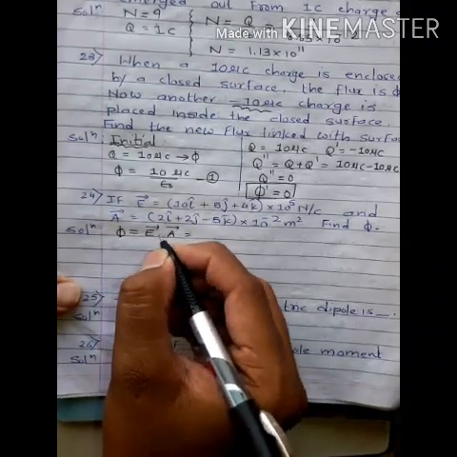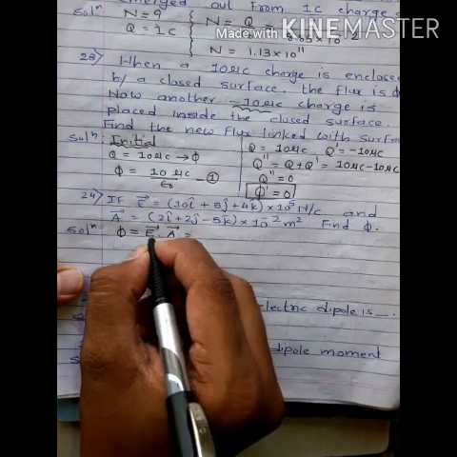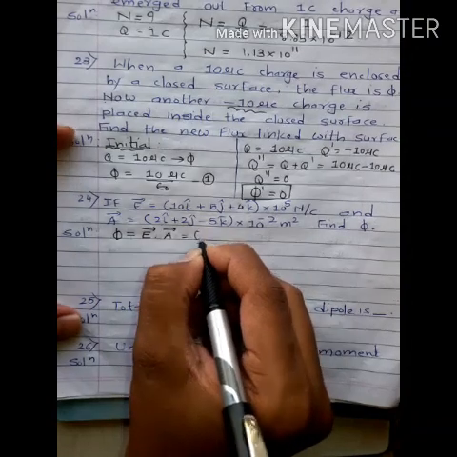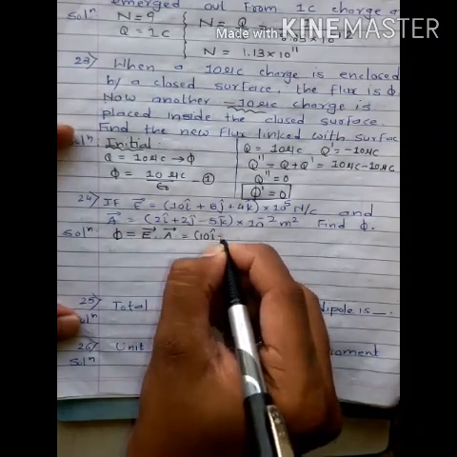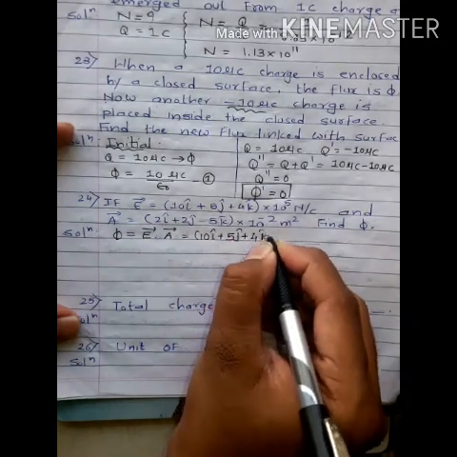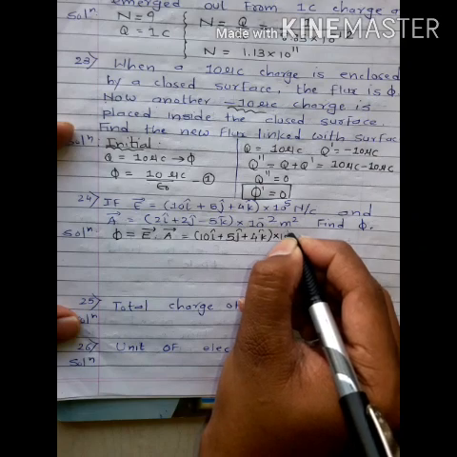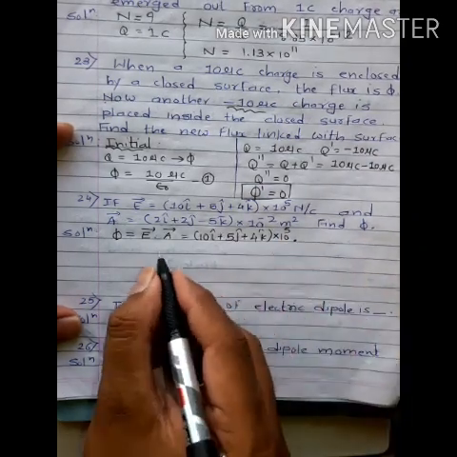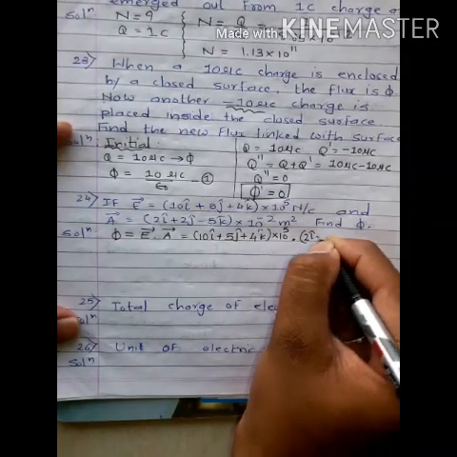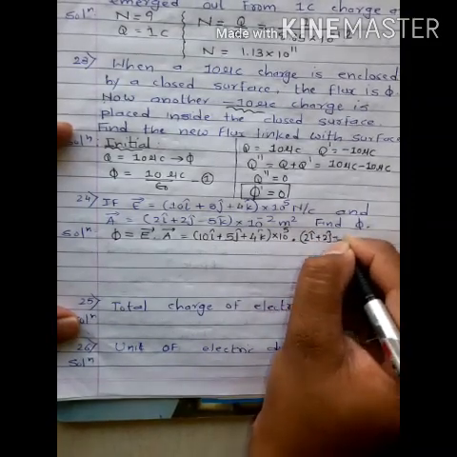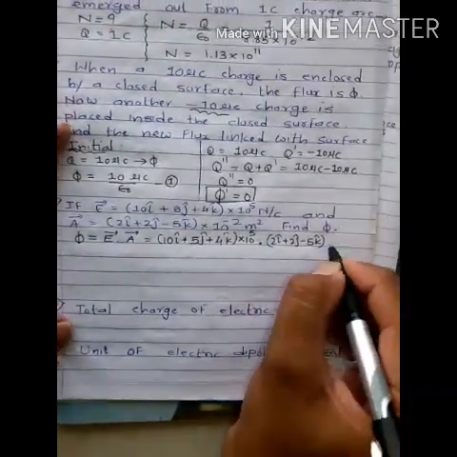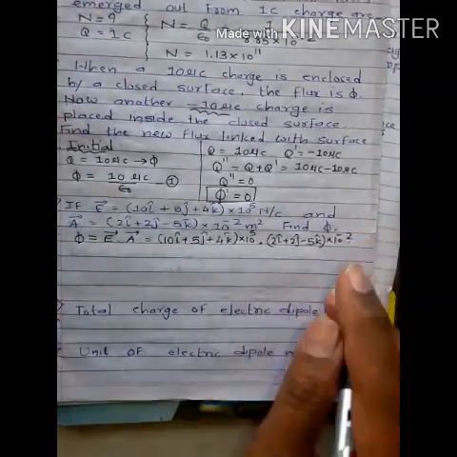This is our dot product, clear? So here we have the values of E and A. E, the electric field, is given by 10 i cap plus 5 j cap plus 4 k cap into 10 to the power 5, dot vector A. The area vector is given as 2 i cap plus 2 j cap minus 5 k cap into 10 raised to minus 2.